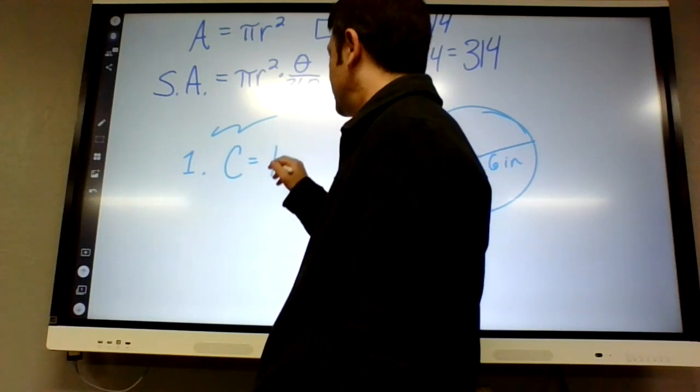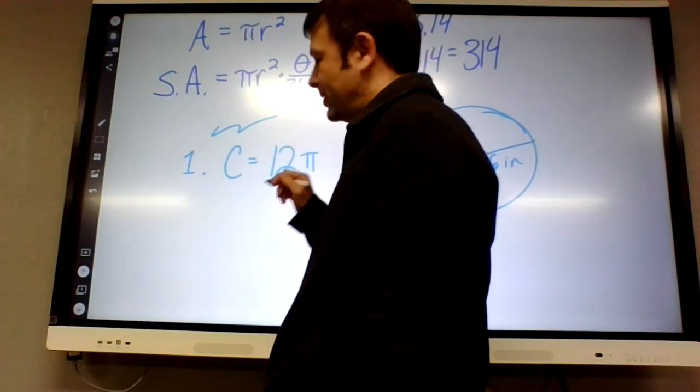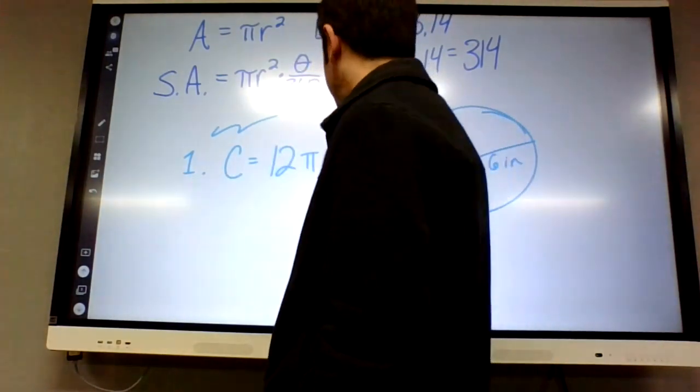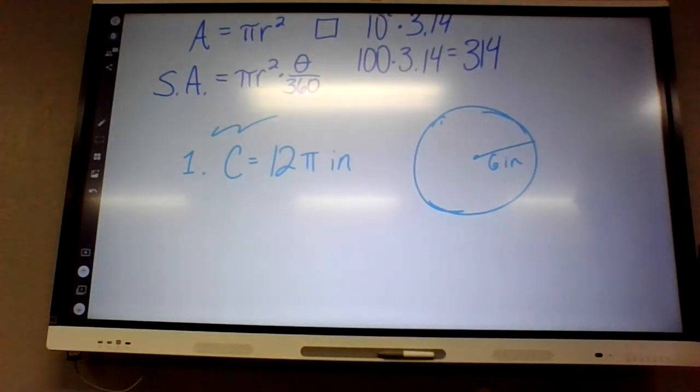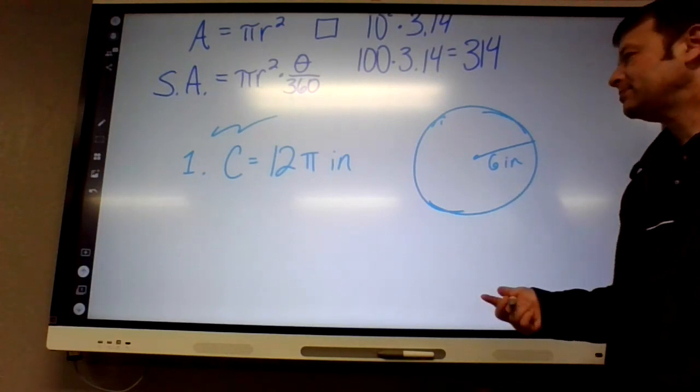So this is 12 pi inches. Okay, that is the exact answer, because pi is an infinite, non-repeating decimal. So there's no way of writing an exact answer if you actually multiply by pi.